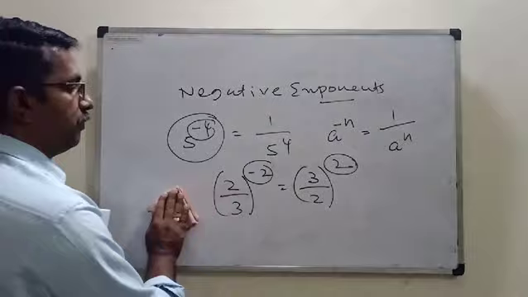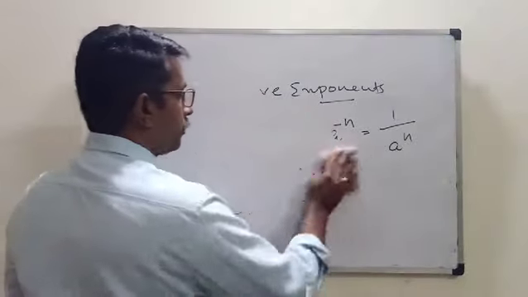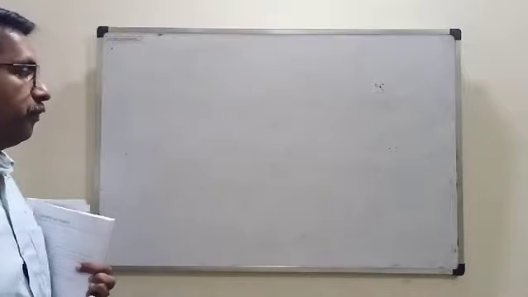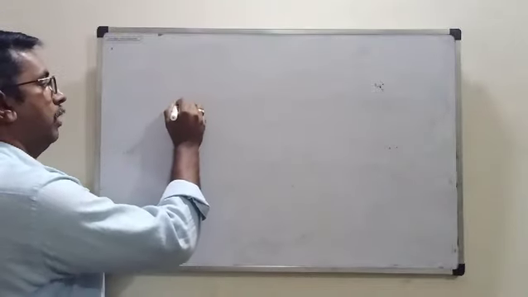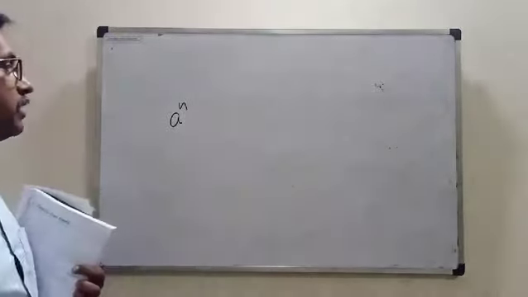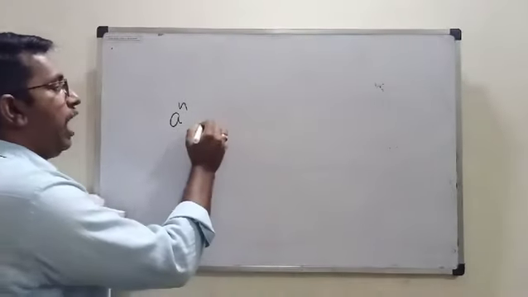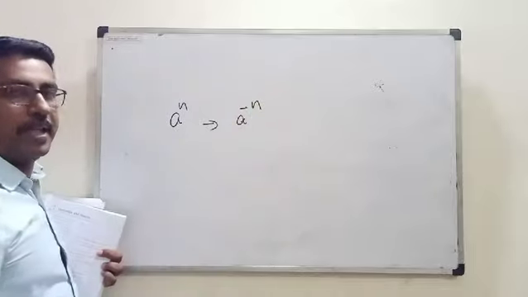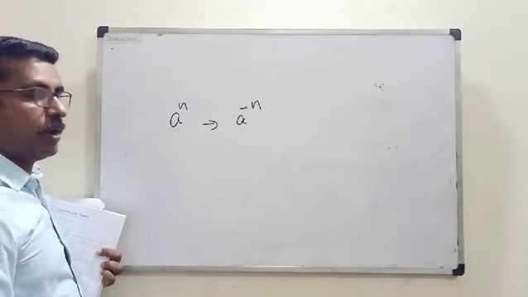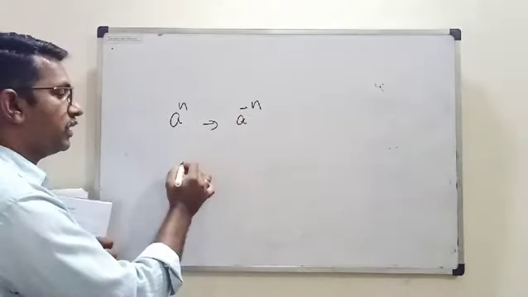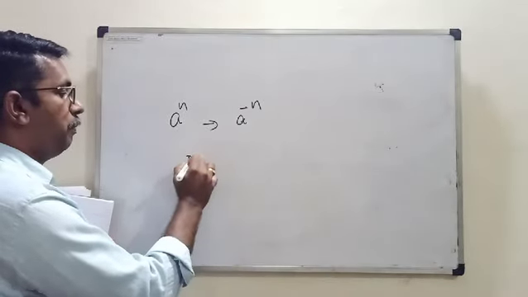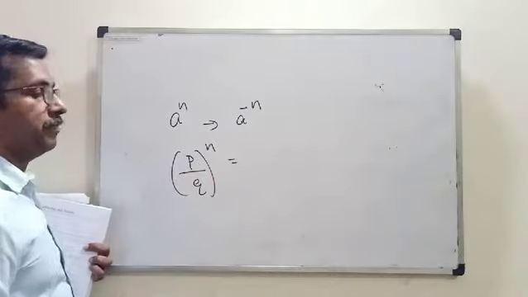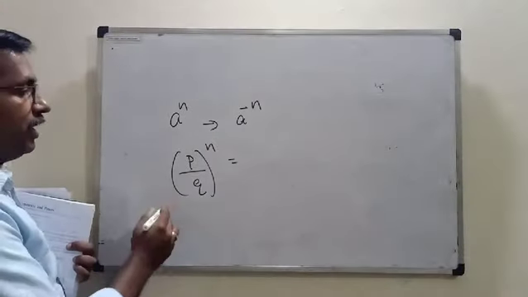Now you see this one. An exponential number is given, a to the power n, and its multiplicative inverse will be a to the power minus n. Okay, a to the power minus n. Look at this one. P by q to the power n. So what will be the multiplicative inverse of this one?